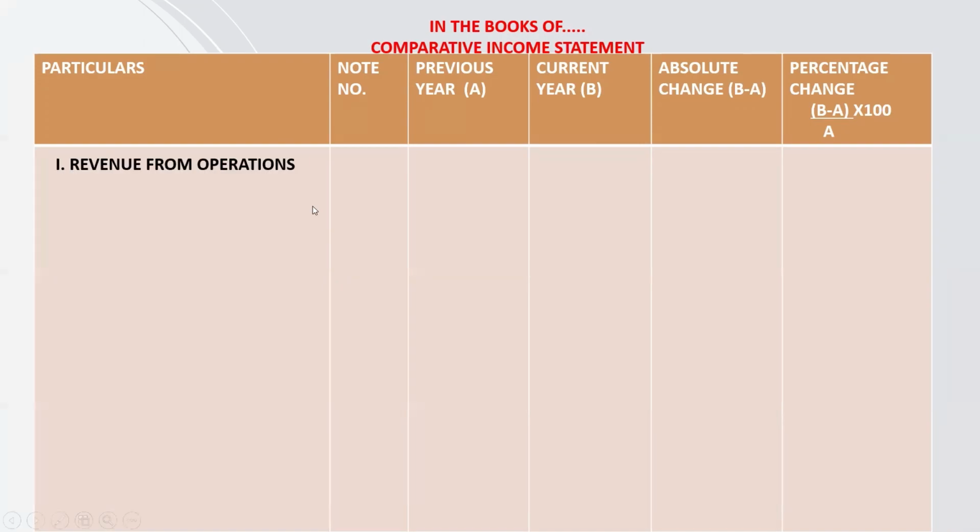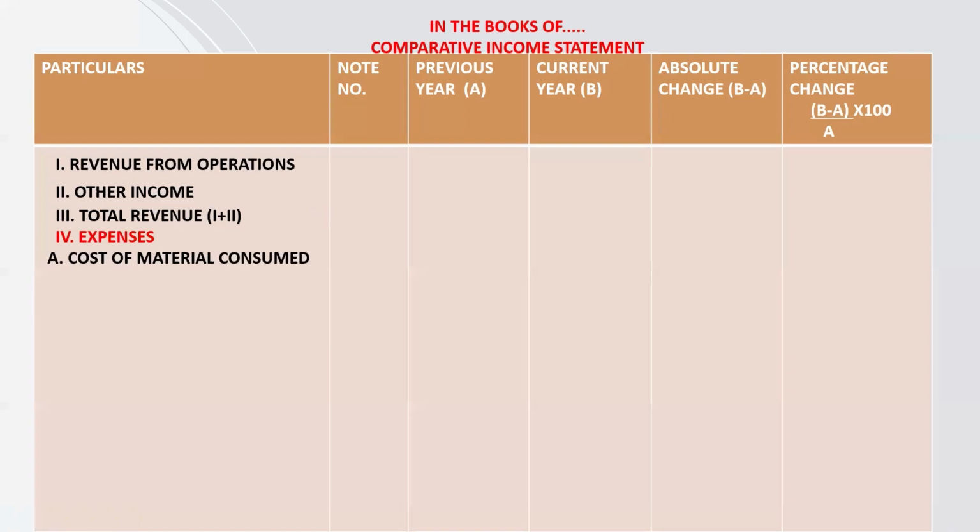So first of all, we have revenue from operations, then we have other income. The total of revenue from operations and other income is total revenue. After this total revenue, we have to do the total of expenses. See, we have to write these heads or items in this order only. So first we have cost of material consumed. Second, we have purchase of stock in trade.